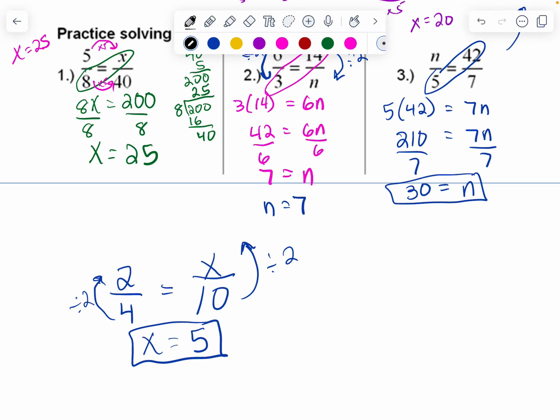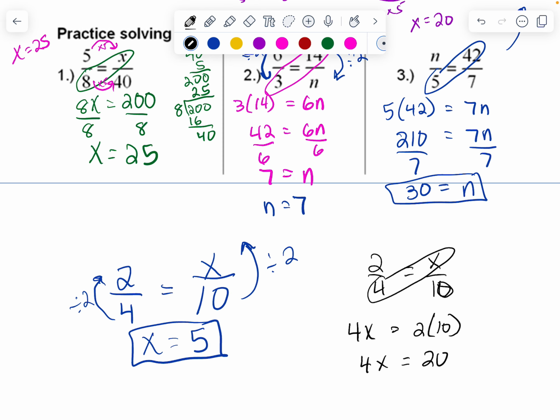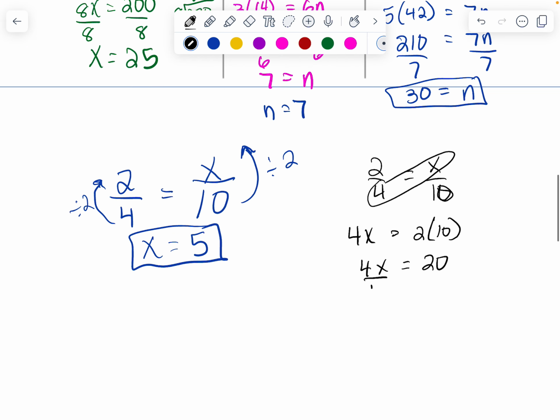If you are doing it 2 over 4 equals x over 10, and you are doing cross products, and you do 4x equals 2 times 10, 4x equals 20, divide by 4, divide by 4, x equals 5. That is also shown work. I do not mind which way you do it. Both ways are fine.